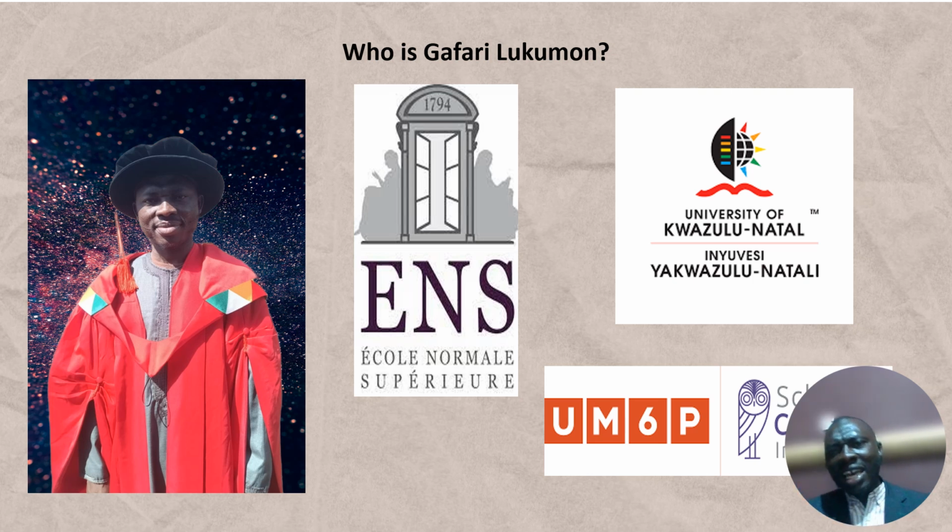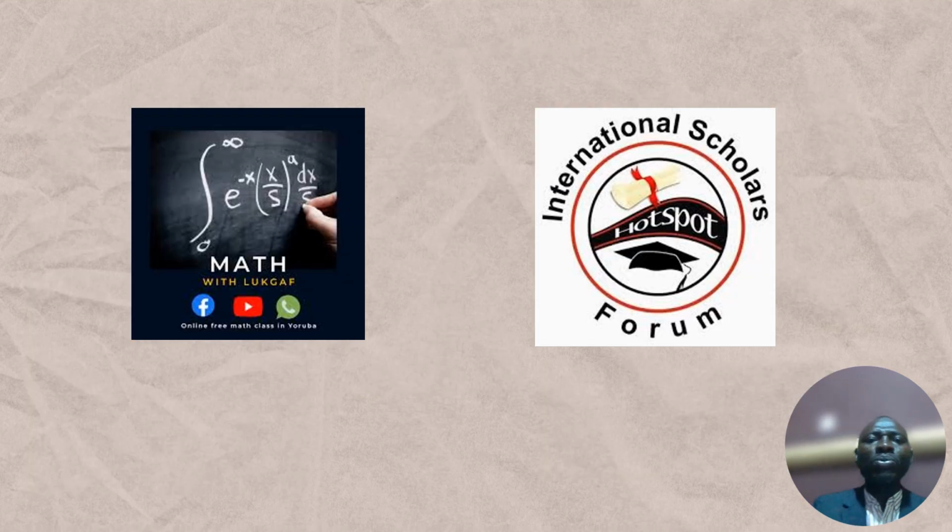Then I earned a second PhD in cognitive science, a collaborative program between Mohammed VI Polytechnic University in Morocco and École Supérieure in Paris. My research there focused on myside bias and its influence on how information is shared within groups.